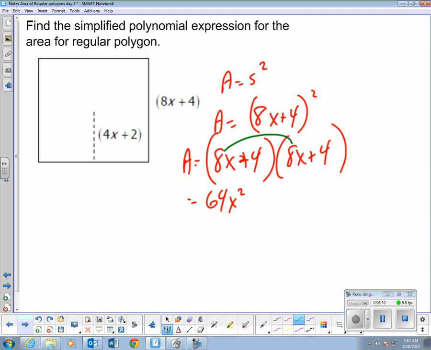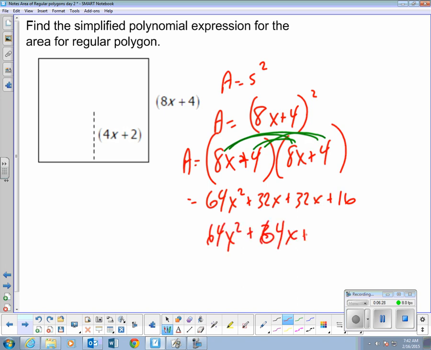Then we do 8 times 4, which is 32x. Then 4 times 8, which is another 32x. And 4 times 4, which is plus 16. And so we got 64x squared plus 64x plus 16.